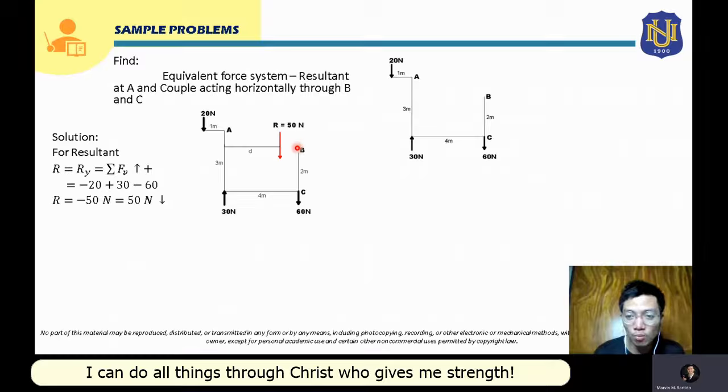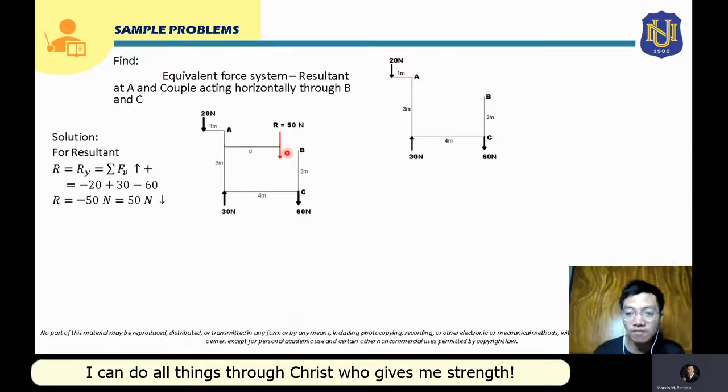So we will assume that it is located somewhere here, and this will be distance D from point A. We have to solve for this distance D because we are going to transfer this resultant to point A. Upon transferring this 50 Newton resultant to point A, it will produce a couple, and we will need this distance D to find it.